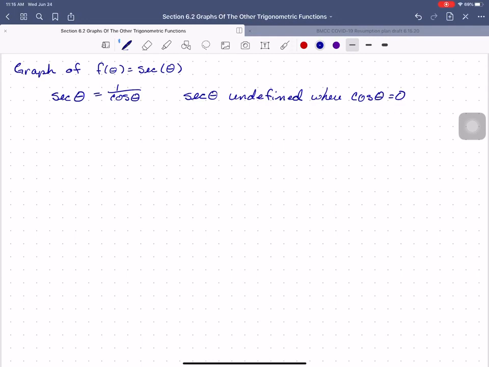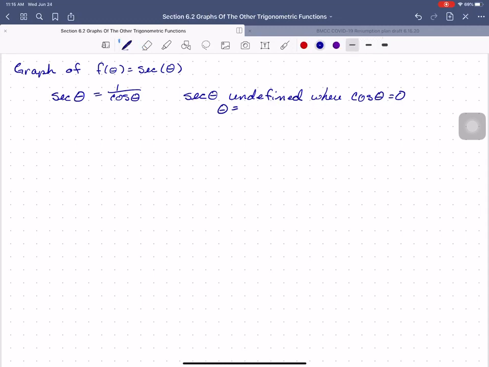And those vertical asymptotes are going to occur where theta equals 0, pi, 2 pi, and so on. And in fact, we can go the other way. So, in other words, whoops, wait, I lied to you. That's not correct. That's not right.